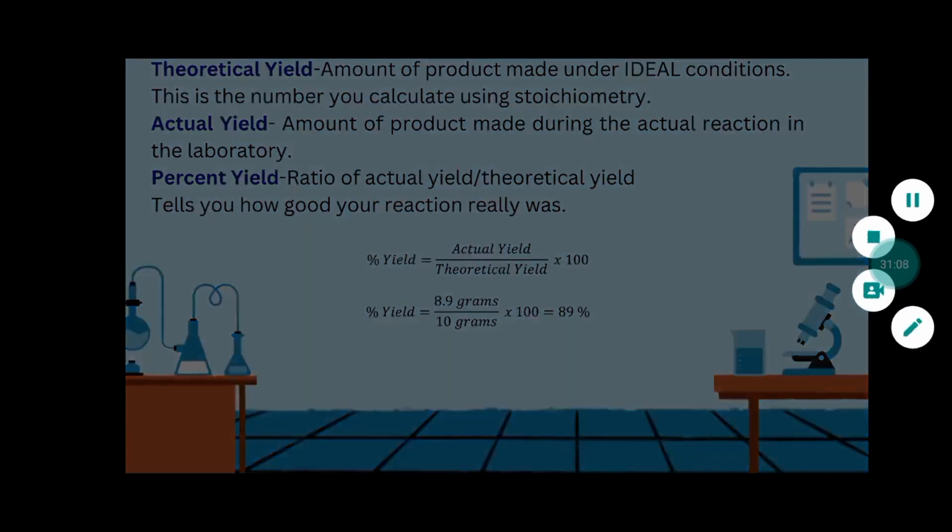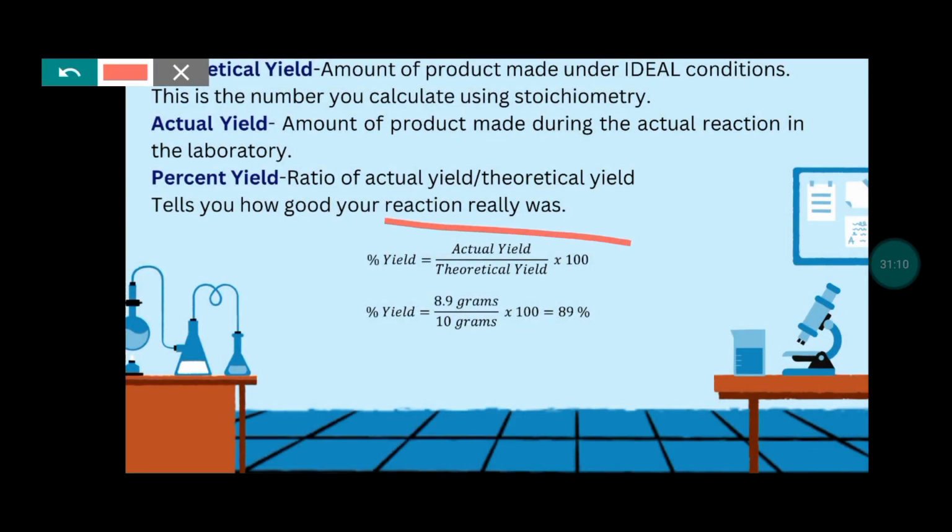So, ayan, ito yung equation natin for the percent yield. Ito yung ratio ng actual yield natin to our theoretical yield. Let's say, for example, kanina, yung urea natin. Let's say, for example lang, our calculated urea na na-produce natin is 10 grams.